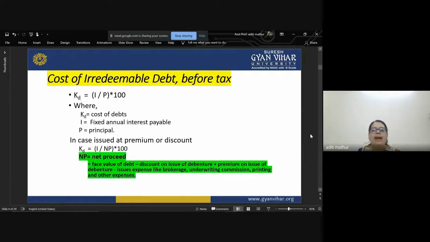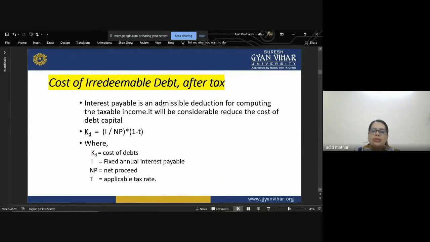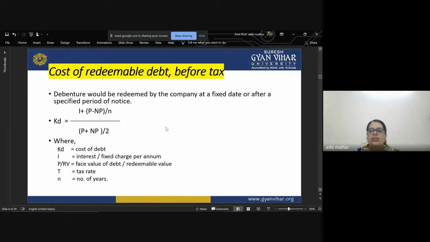In previous videos, we have learned how to calculate cost of irredeemable debentures before tax, that is KD equals interest divided by NP or your principal into 100; cost of irredeemable debenture after tax, that is KD equals interest divided by net proceeds into 1 minus T; cost of redeemable debentures before tax, that is KD equals interest plus RV minus NP divided by N, the whole divided by RV plus NP divided by 2.